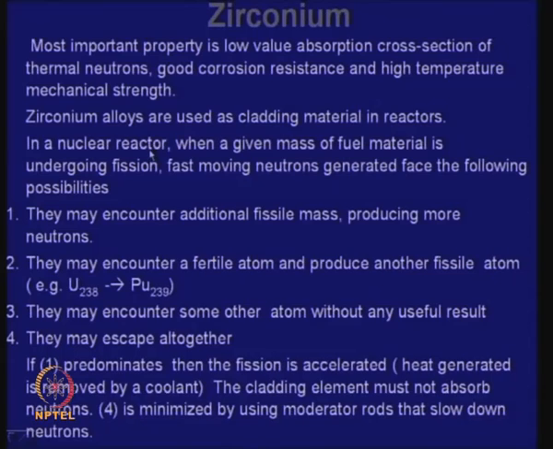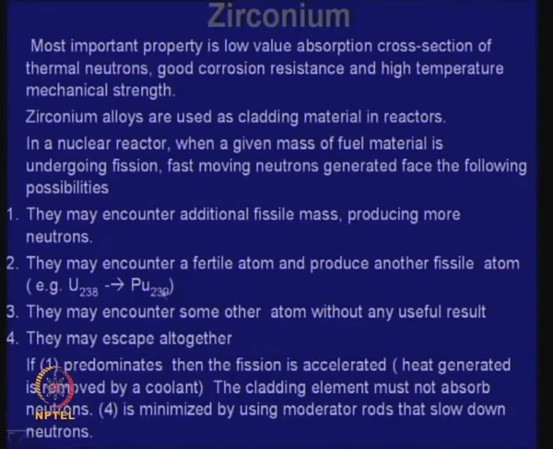Now, try to understand what happens in a nuclear reactor. In a nuclear reactor, when a given mass of fuel material is undergoing fission, the fast moving neutrons generated face the following possibilities. They have been generated at one place by a fission reaction, then see what happens to these neutrons that have come out of the fission reaction.